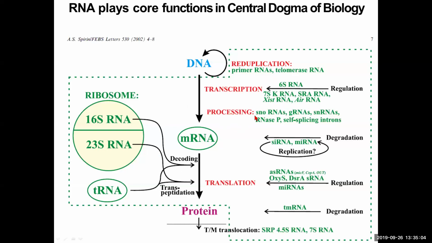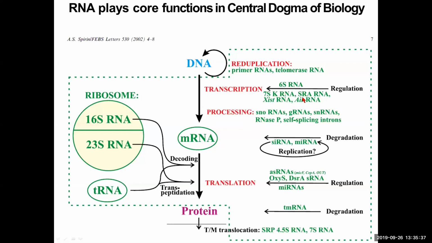All right, so RNA is actually involved in regulation with double-stranded RNAs, antisense RNAs, microRNAs, in degradation, in replication with siRNAs, microRNAs. It has all kinds of functions in the processing of transcripts with the 6S RNAs and Xist RNA and rRNA.